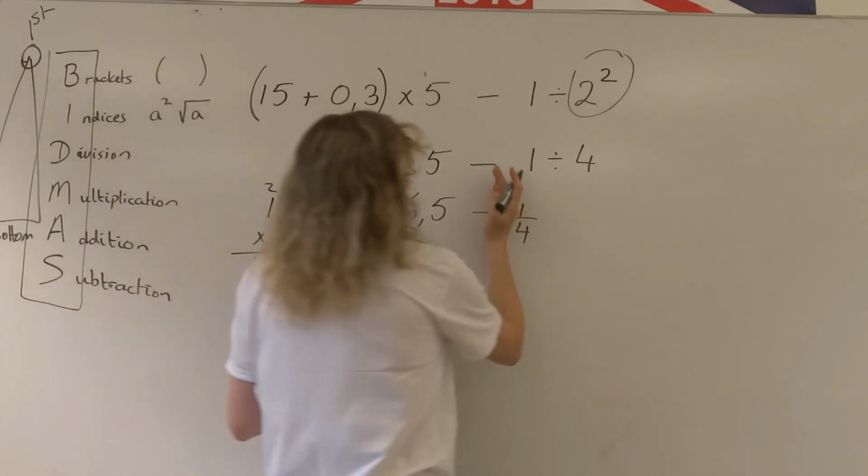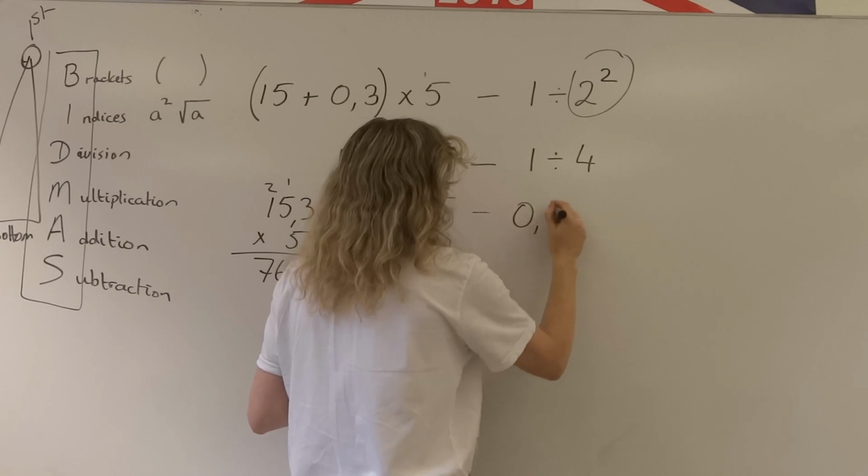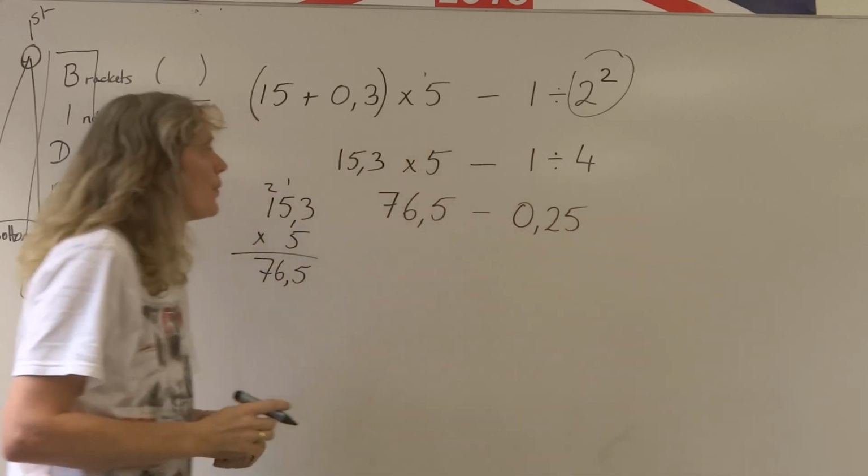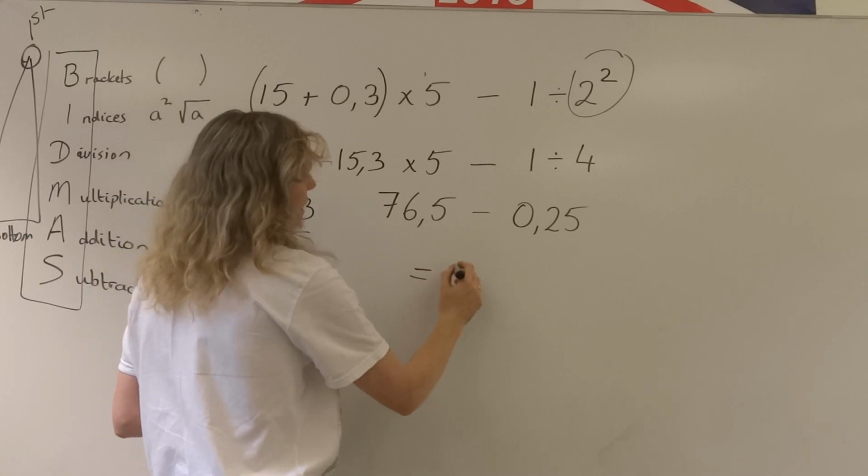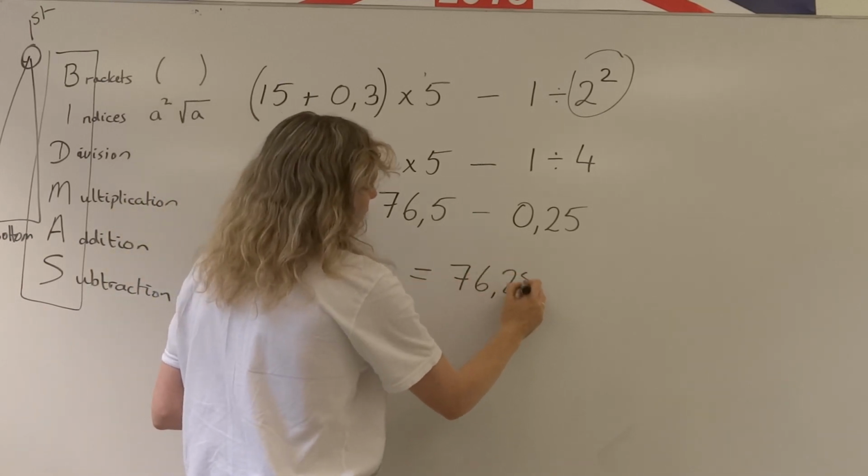We could write it as 0.25 considering everything else is in decimals. Okay? Giving us a final answer, 76.25.